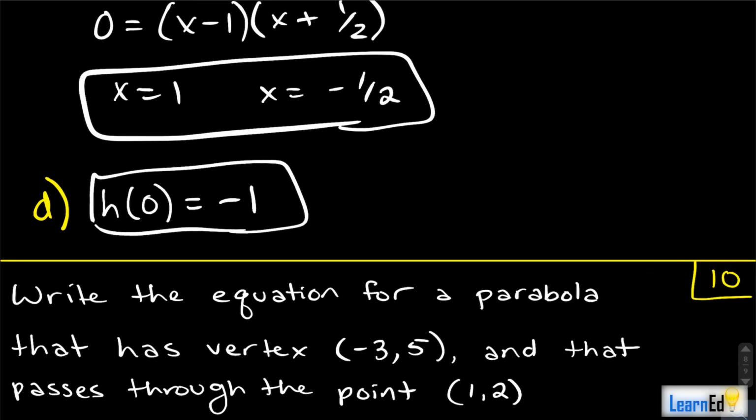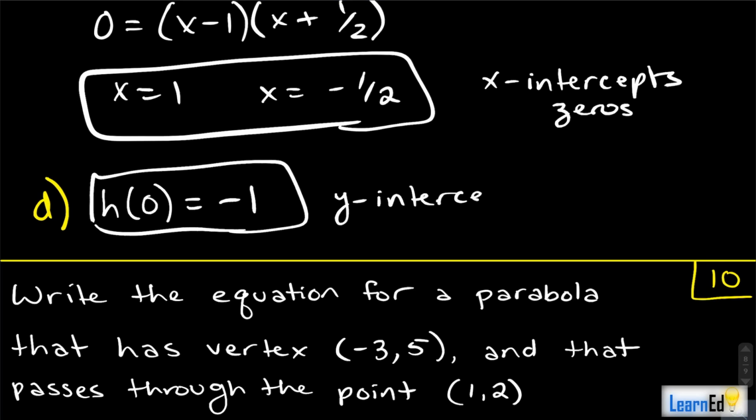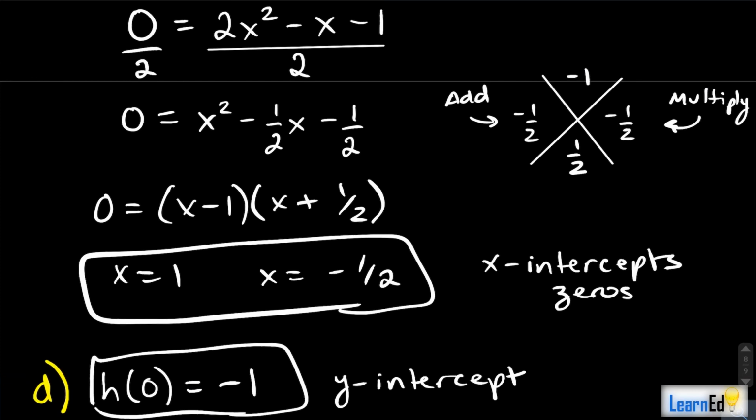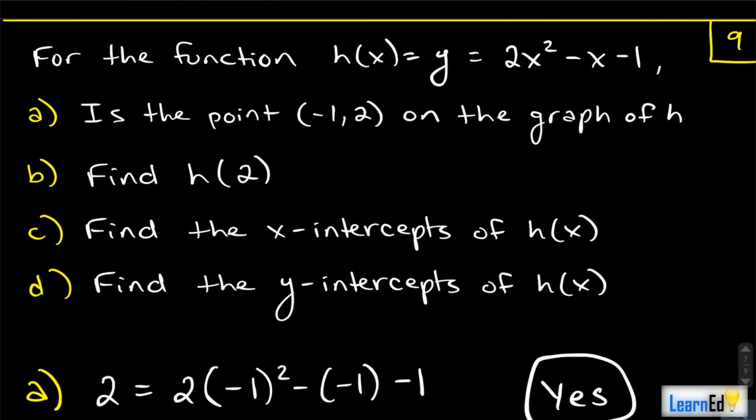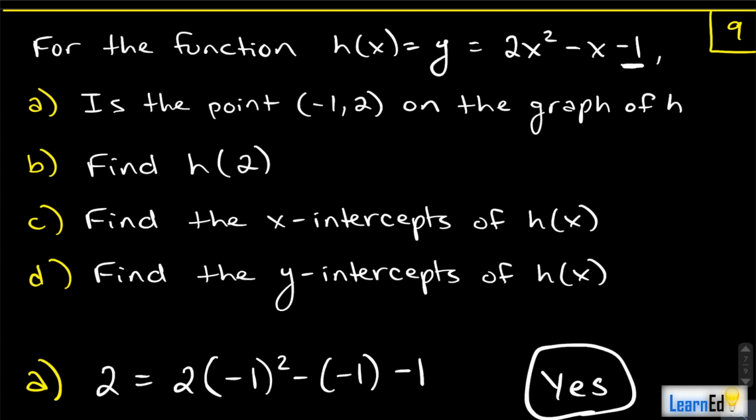These are your x-intercepts, also known as your zeros, and this is your y-intercept. Just like a y-intercept in a line, which we'll talk about later, the y-intercept is that constant term, the term without an x.